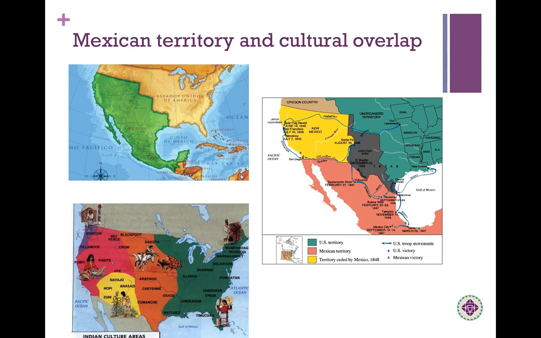But still we don't see much of these maps today. They're a bit hidden, put away, because they were somewhat of a political discourse that the victor, the winning side, does not want you to go back and revise, even though Mexican culture and Spanish culture are embedded in this region.